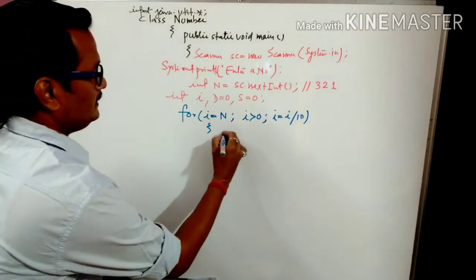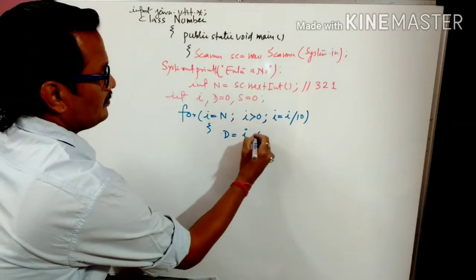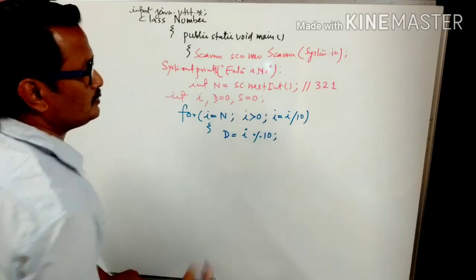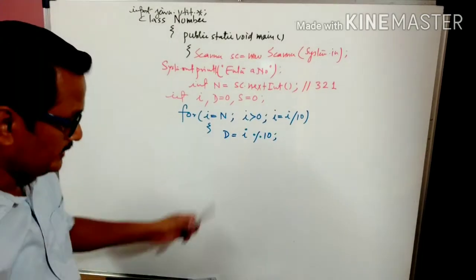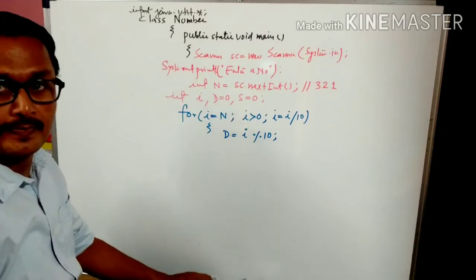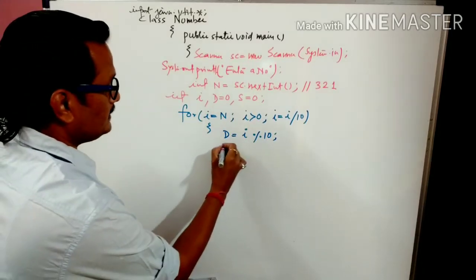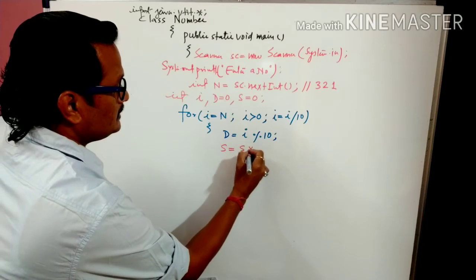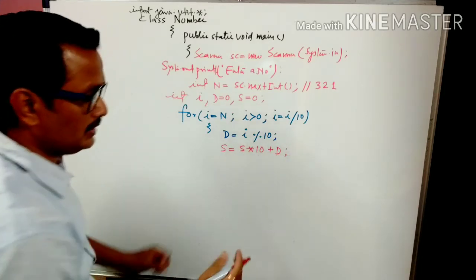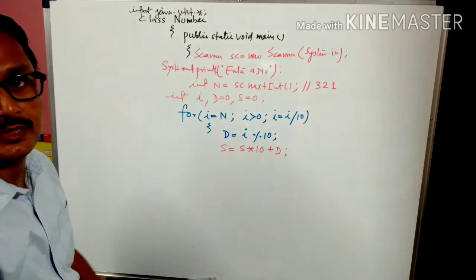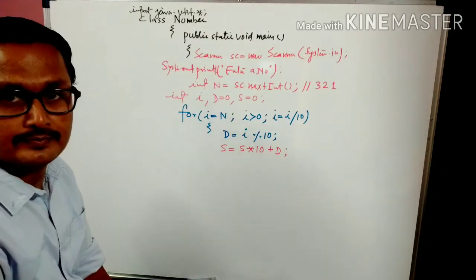Then d is equal to i modulus 10. This is the way to extract a digit. We did this in another method also, in the previous question. And here s is equal to s into 10 plus d.